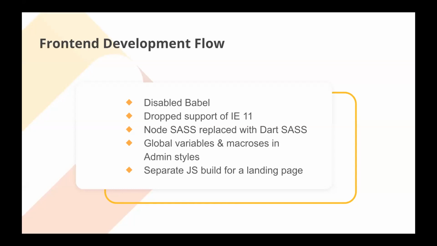And also we added support for the separate JavaScript build for the landing pages. It means that you can have a separate JavaScript build, actually a JavaScript file entry point that is used only on some landing page, and it doesn't load the original large JavaScript files that are used in all other pages.